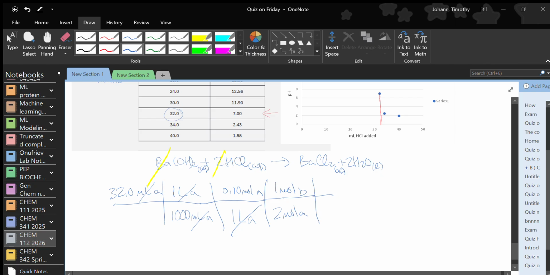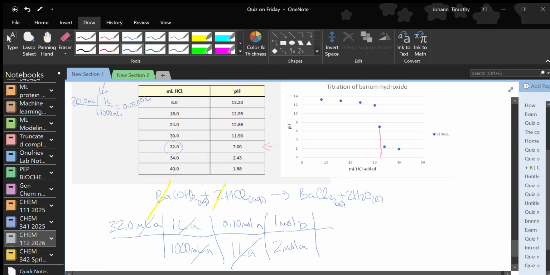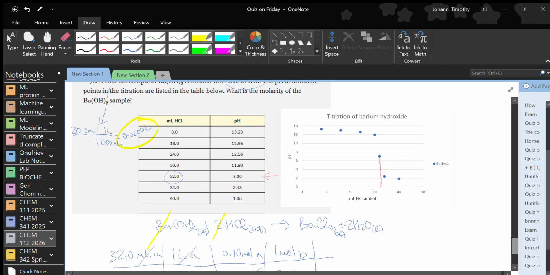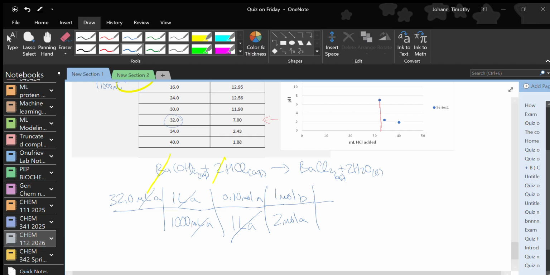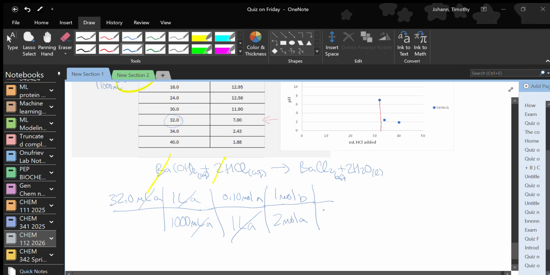Okay, and now we could just put our volume of base in here, right? And we figured out our volume of base right here in liters was 0.0200 liters because we read the 20 milliliters out of the problem, which is right there. And so 0.0200 liters of base, and that's going to give me my molarity of base.